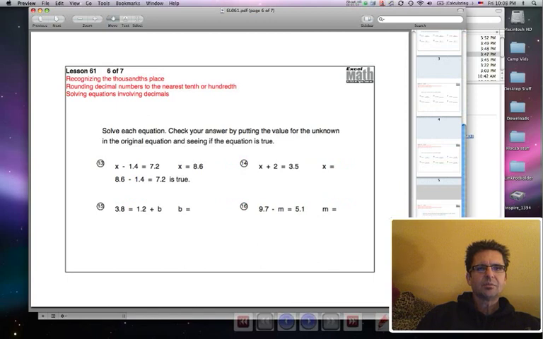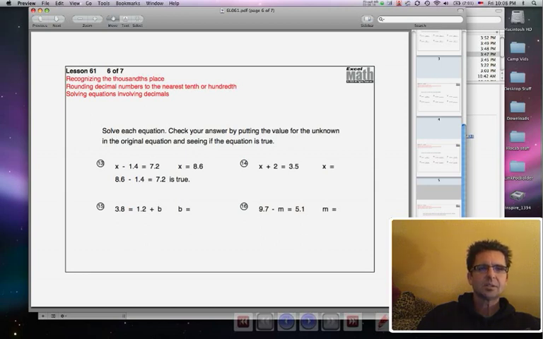And that is solving some equations with decimals. These can be kind of tricky, so pay attention on this part. The first one says x minus 1.4 is equal to 7.2. And a lot of kids are going to do 7.2 minus 1.4 to get that answer.